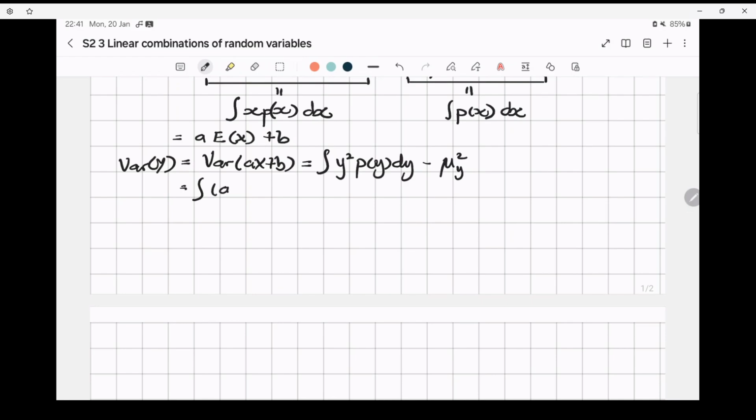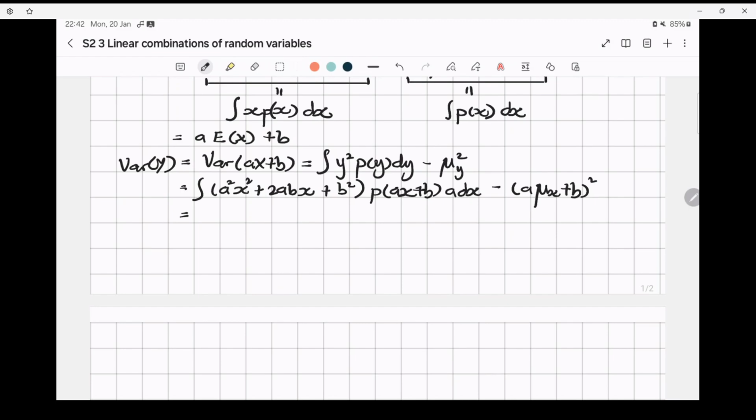So you have a square x square plus 2abx plus b square p ax plus b. We already know from up there that dy is a dx, and then we also know that mu y is a mu x plus b, the whole thing square.